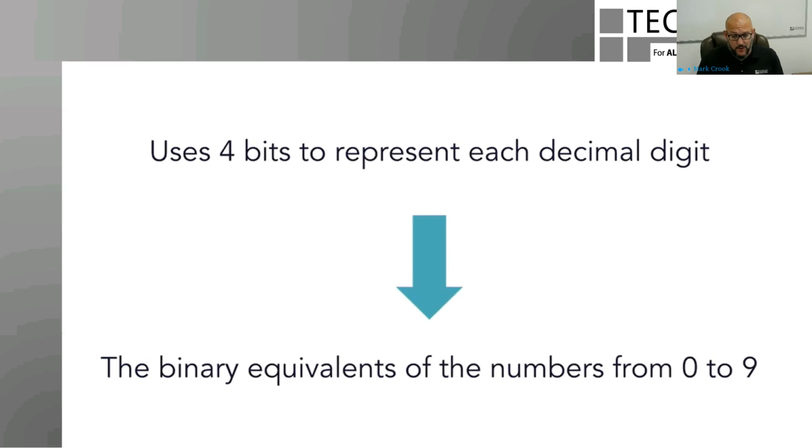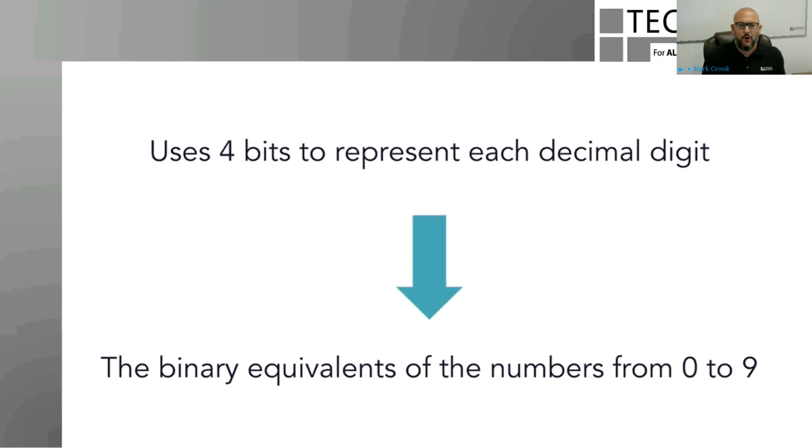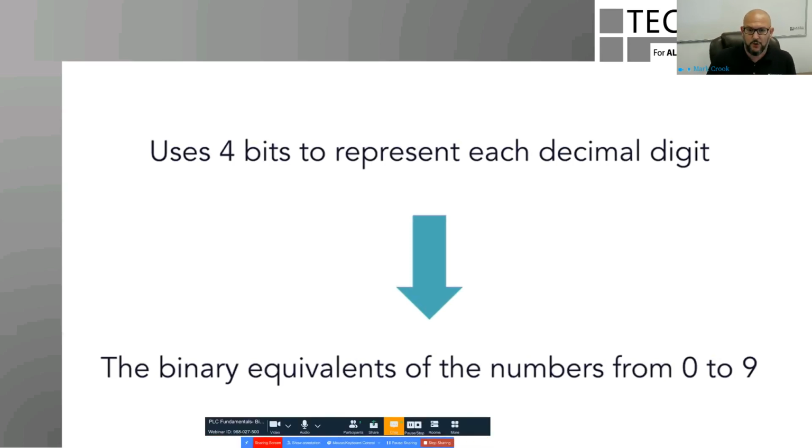Let's have a quick refresher on how BCD works for anybody who doesn't understand it or hasn't looked at it since school days. It's the binary equivalent of numbers from 0 to 9. Each of those 4 bits represents a digit that can be from 0 to 9.